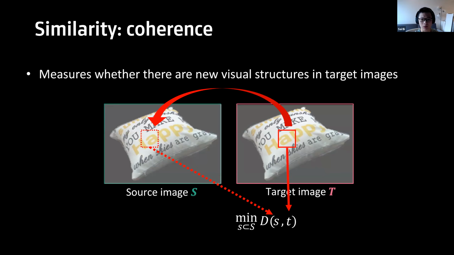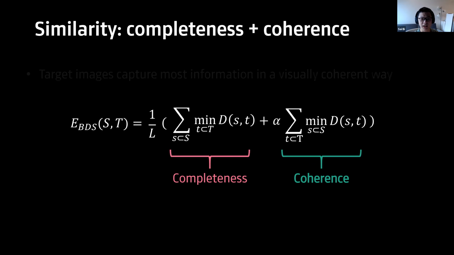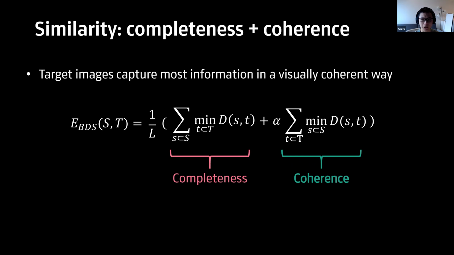By minimizing this term, we are ensuring that most patches in the target come from the source image. That is, no new structures or artifacts. Therefore, by combining these two terms, we can satisfy the first property of the target image. That is, target images should contain most information from their source image in a very coherent way.